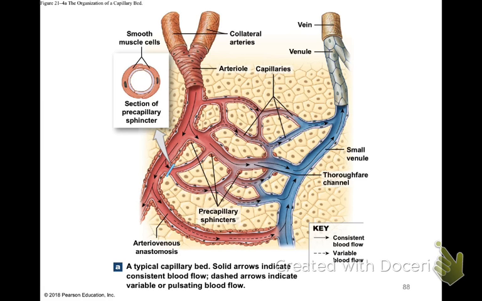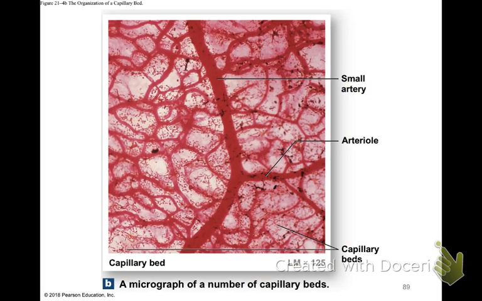The thoroughfare channel is a direct pipeline between the arteriole and the venule, and if all the precapillary sphincters are closed, then the blood just gets shunted straight from arteriole to venule. And then, in fact, you have a bypass. At the bottom of the picture, the arteriovenous anastomosis simply bypasses the capillary bed completely. All right, so there's just a lovely photomicrograph showing you all the capillaries coming off a specific arteriole.